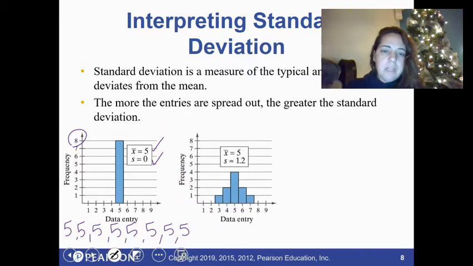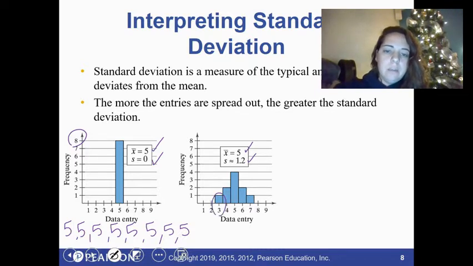Let's look at this one. This time they're telling us that the average is 5, but now it is spread out a little bit. It's telling us the standard deviation is a little bit more than 1. Okay, if I look at the graph, I believe you. What would the original data have been here?